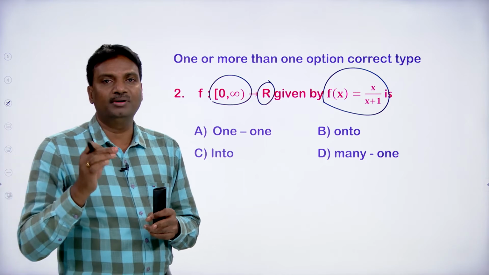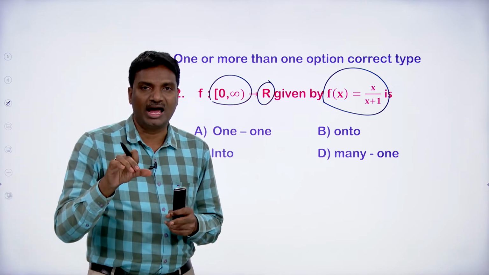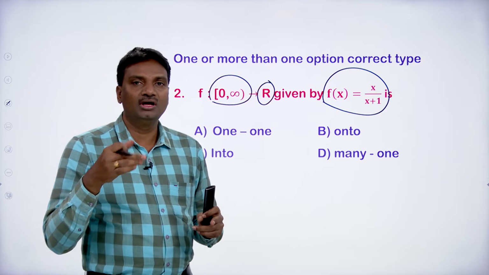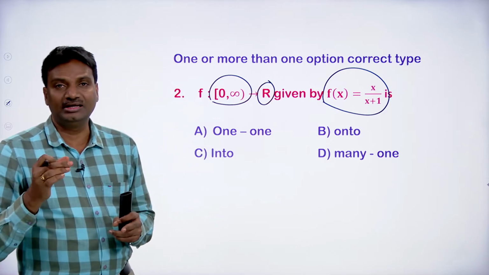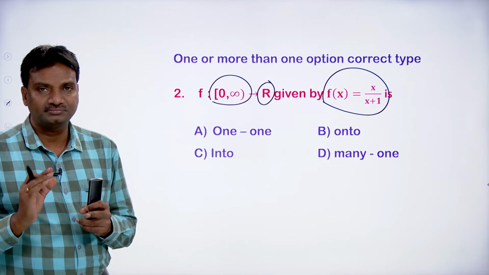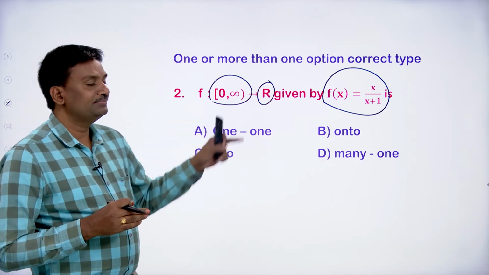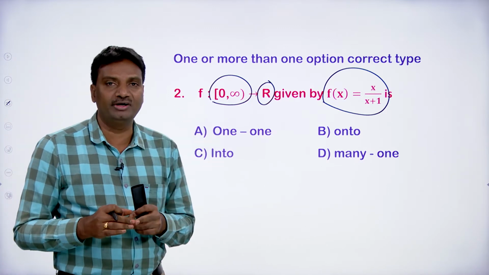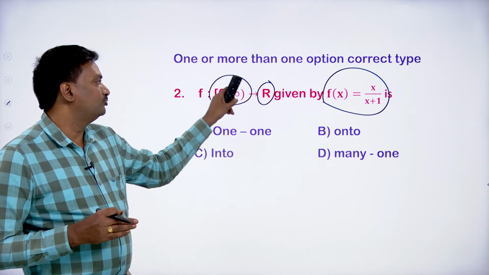For the given problem, we may have only one option as correct or more than one. More than one means two options may be correct, three options may be correct, or all four options may be correct.